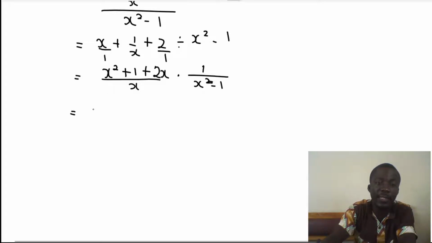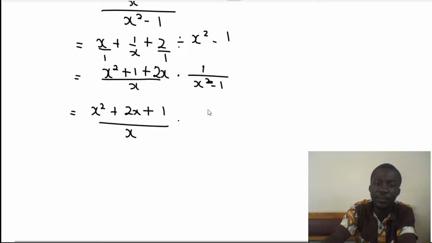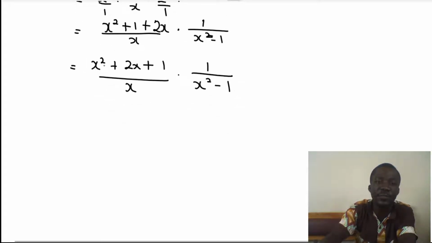The numerator side, we can rewrite it as x squared plus 2x plus 1 divided by x times 1 over x squared minus 1. And we can see that this numerator is a quadratic trinomial.